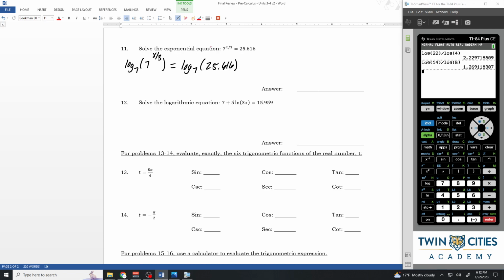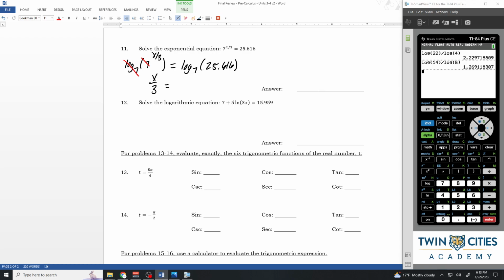And I do this because of my exponent and logarithm rules that say if I've got log base 7 of 7 to the x over 3, if this base matches the base of this exponent, these two undo each other, leaving just x over 3. So this will be x over 3 is equal to log base 7 of 25.616.